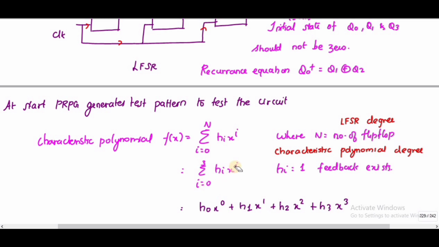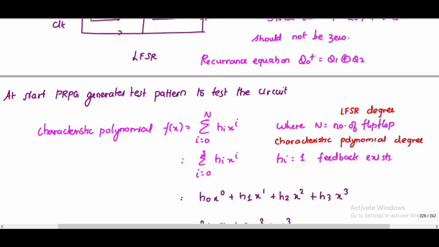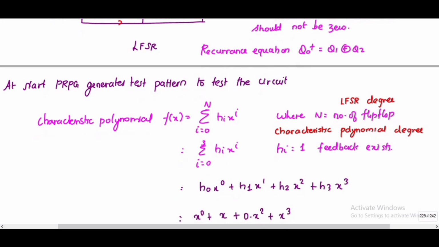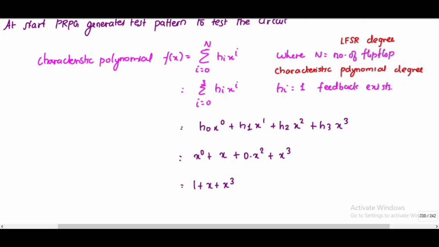If I substitute, I get h0 x^0 plus h1 x plus h2 x squared plus h3 x cubed. Here h0, h1 and h3 are 1, so the characteristic equation is 1 plus x^3.